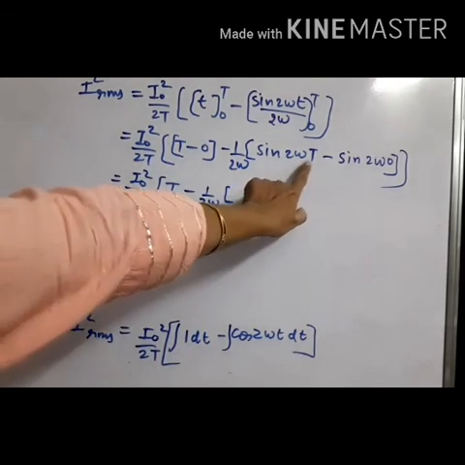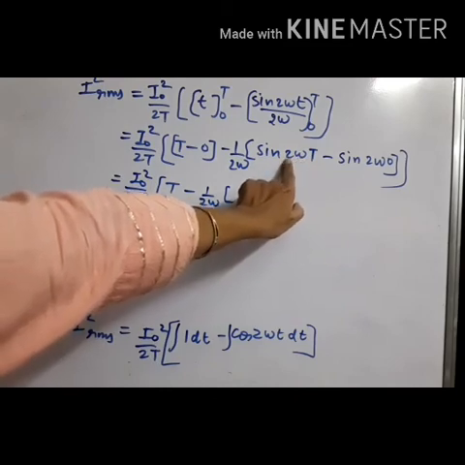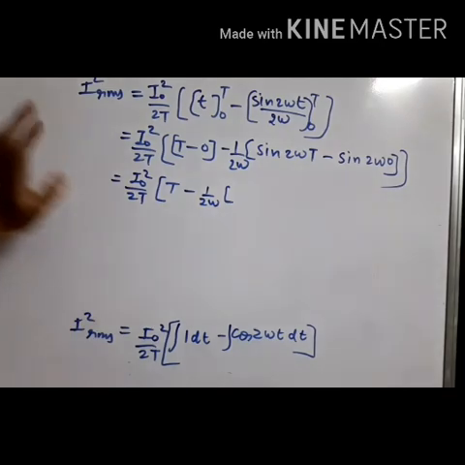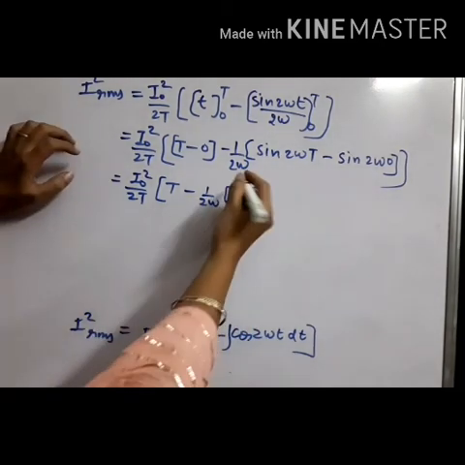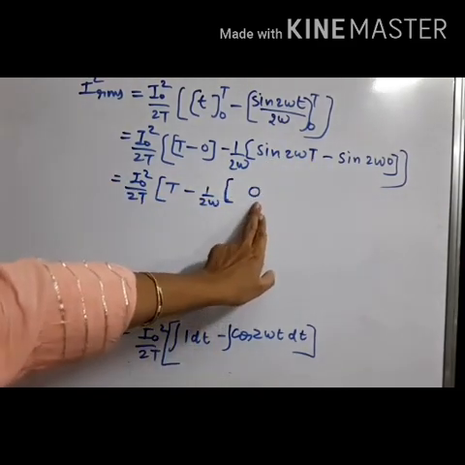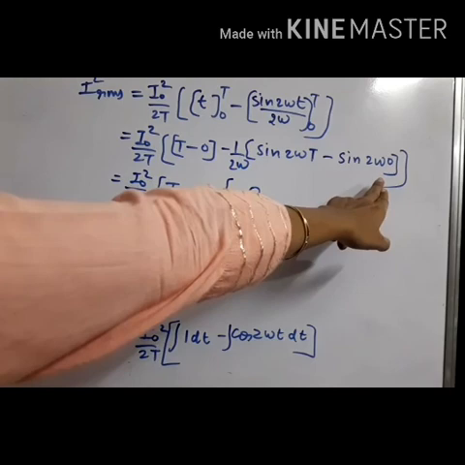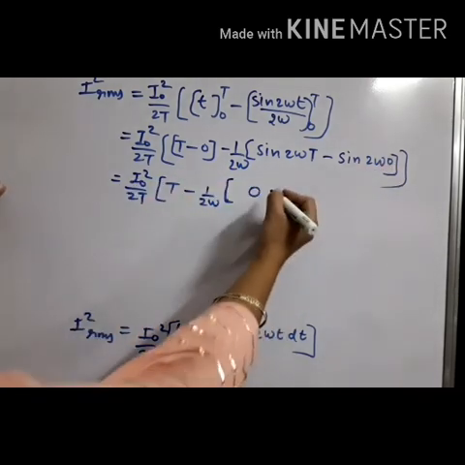As I have told you, omega T means 2 pi. So 2 pi into 2 means 4 pi. Now sine 4 pi is 0. I will give you the formula separately. Sine n pi is always 0. And here sine 0, because 2 omega into 0 will become 0. So sine 0 is also 0.